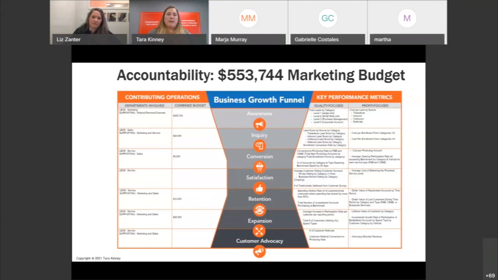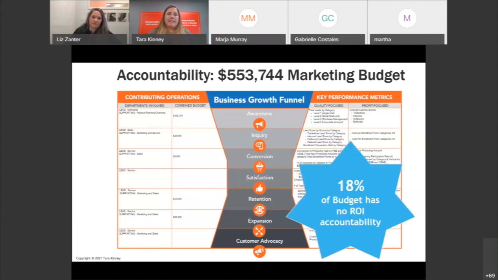But when we broke it down, we found that 18% of their marketing budget actually had no accountability at all, because it was in the wrong category. So it was not being measured against the things that part of the marketing budget was contributing to produce. And the other piece is, you're still spending $450,000 at the top.